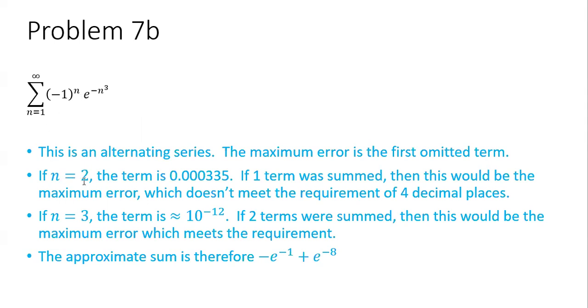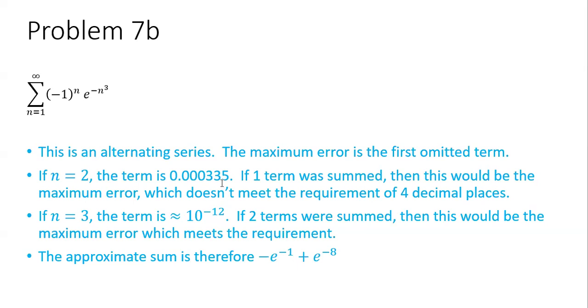If n equals 2, what's the term? When n equals 2, it'll be (-1) squared, which is positive. It'll be e to the -8 power, which in decimal form is about there.